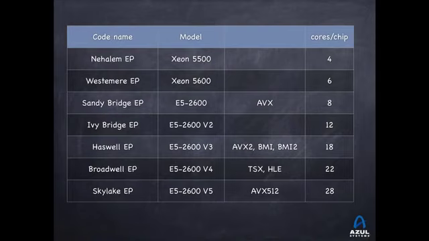AVX used 128 bits for the registers that could hold the data. So if we were using a 32-bit integer, for example, or a 32-bit floating number, then we could have 4 of those represented at the same time. That way the vectorization could do an instruction on 4 pieces of data simultaneously as one operation, as one clock cycle.